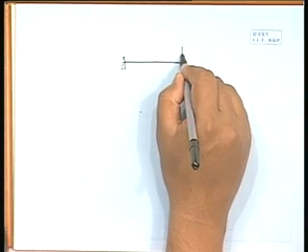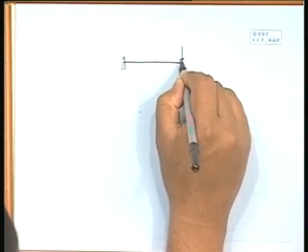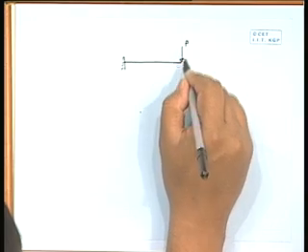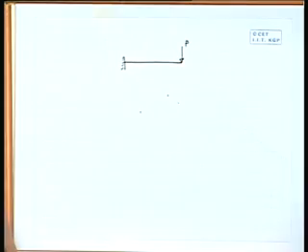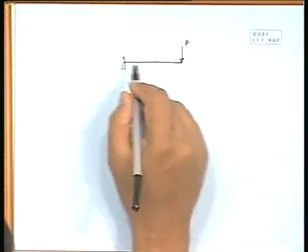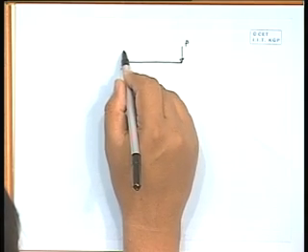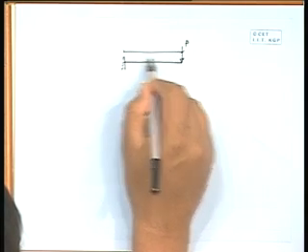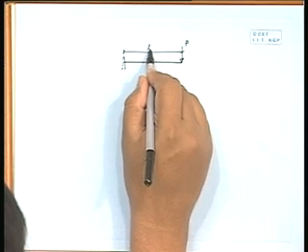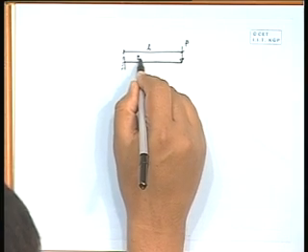Say load is acting at the free end, so it is P, and it has some length, some E value, some I value.